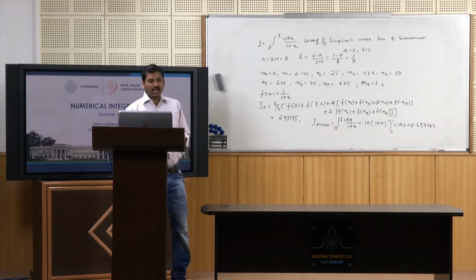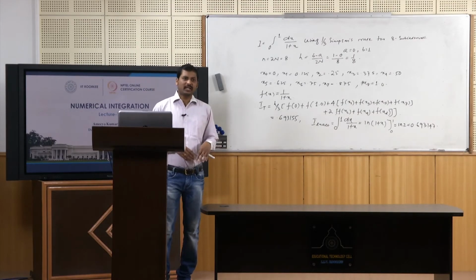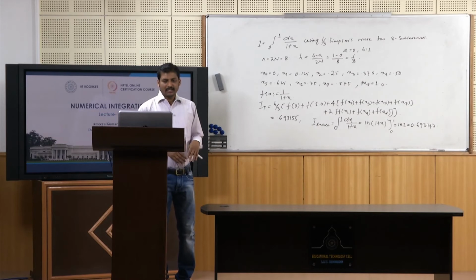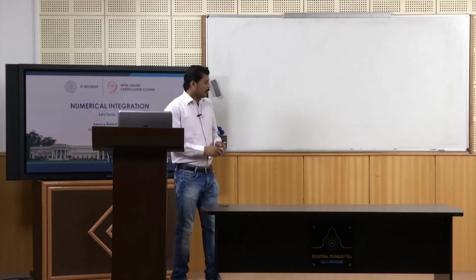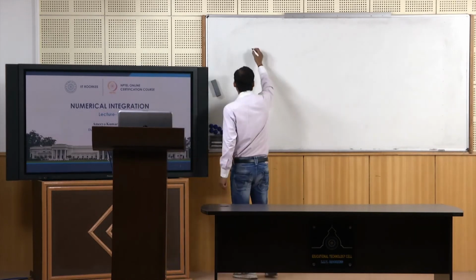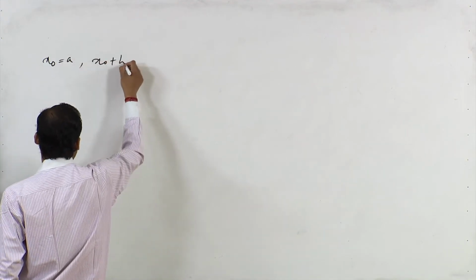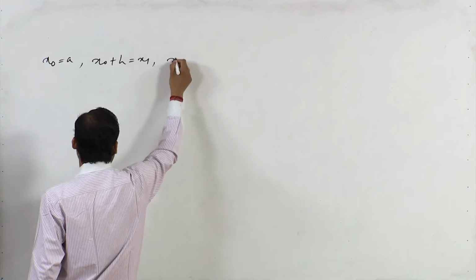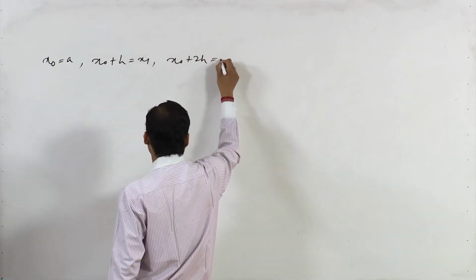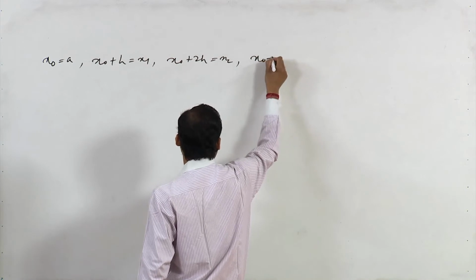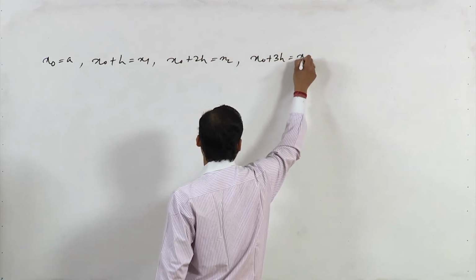So, for that we have to consider h equals b minus a by 3, and the nodal points can be written as x0 equals a, then x0 plus h equals x1, x0 plus 2h as x2, then x0 plus 3h equals x3 here.